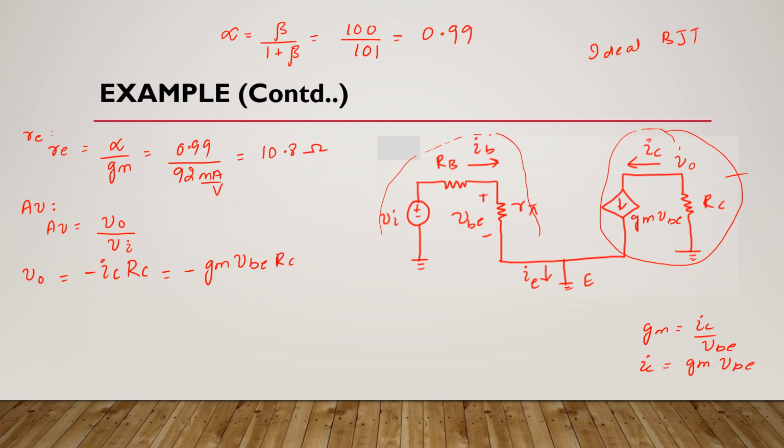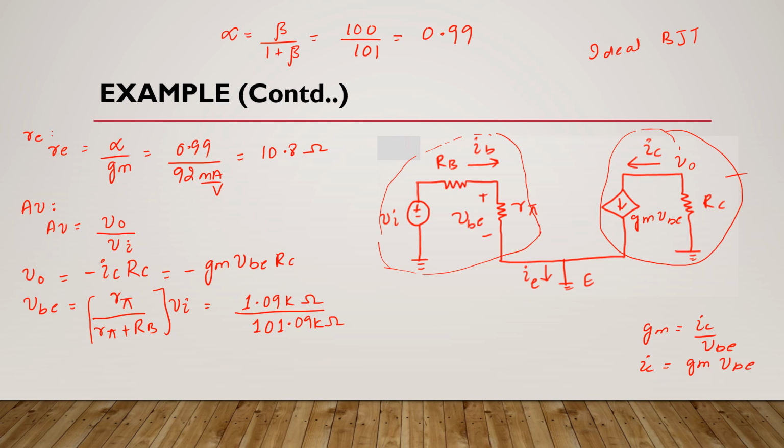So in order to find this VBE, we apply the voltage divider rule here. Our formula will be VBE is equal to R pi divided by R pi plus RB, and this term will be multiplied by VI. Now we know that the value of this R pi is 1.09 kilo ohms, and if we add this R pi and RB, we get 101.09 kilo ohms.